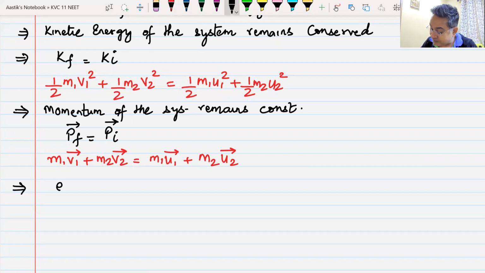The coefficient of restitution is 1. Remember, the value of coefficient of restitution is 1.